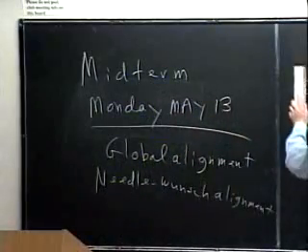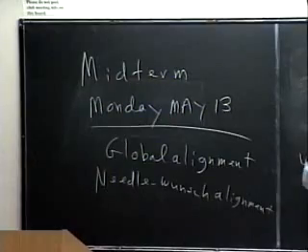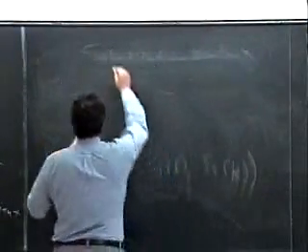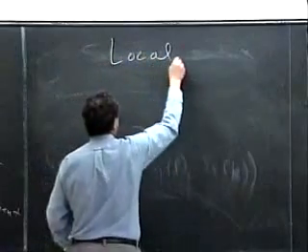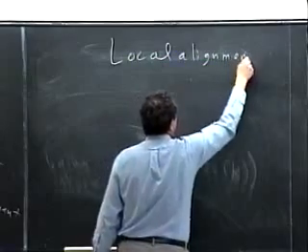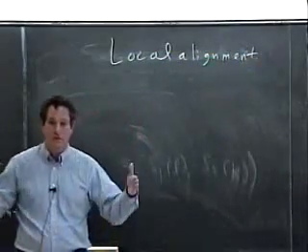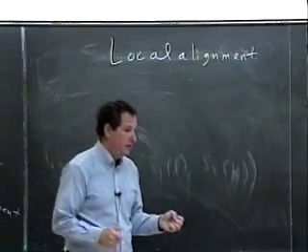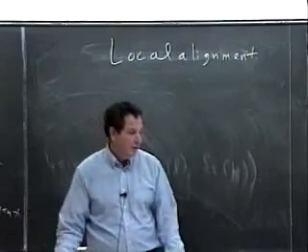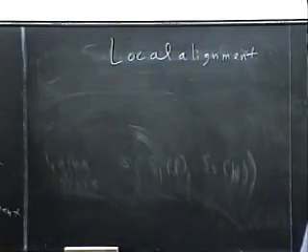All right. And now what I want to do is shift gears to a different kind of alignment called local alignment. So global alignment, I just told you, has to do with aligning all characters in both sequences. Local alignment is motivated by the following picture.